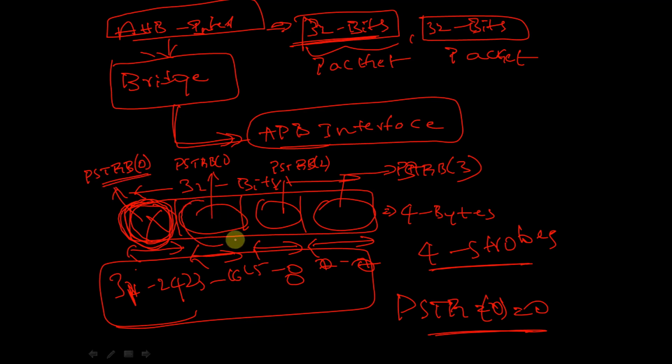And if PSTRB[1] is equal to 1, then the data which is available in this particular byte lane will be valid data. Similarly, if it is 1, then it is valid, or else it is invalid. Generally, PSTRB is an optional signal. So with the help of this PSTRB, the bridge will decide which byte lane is valid or invalid.